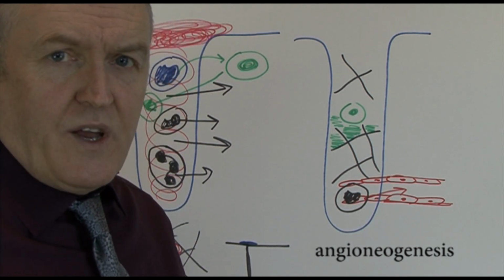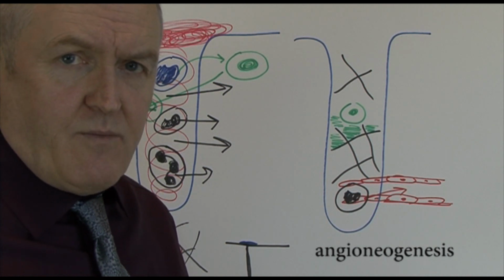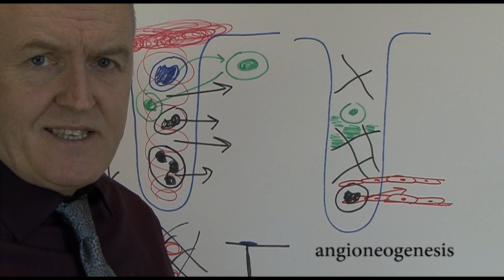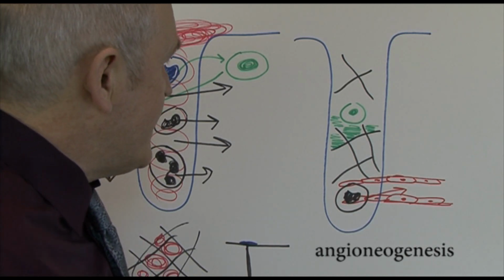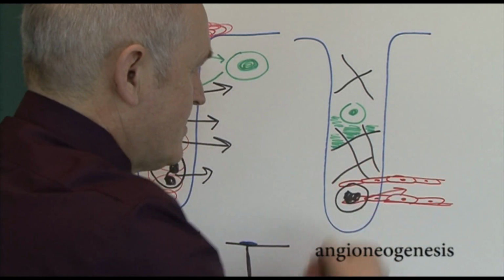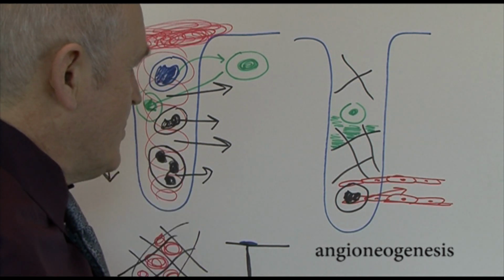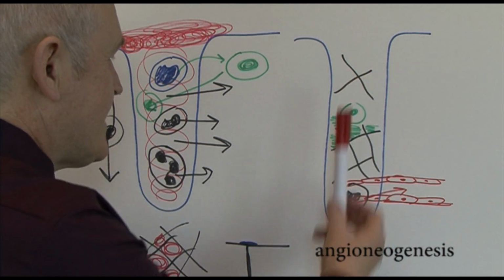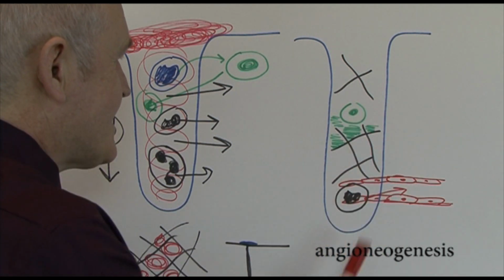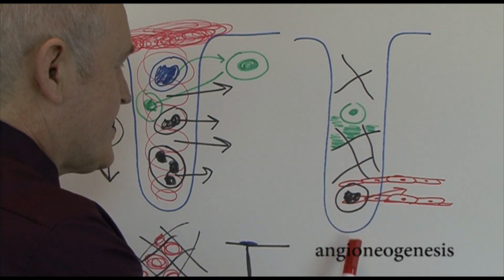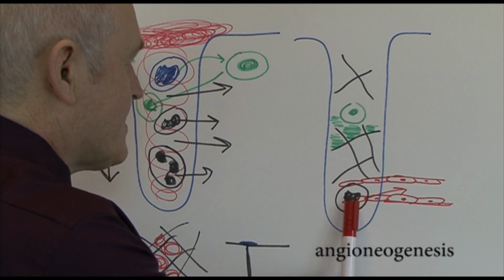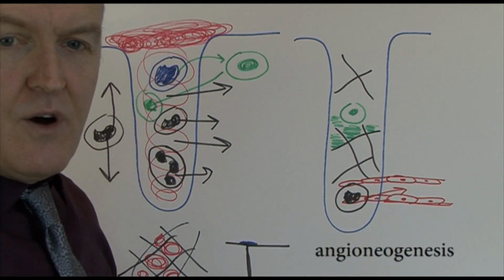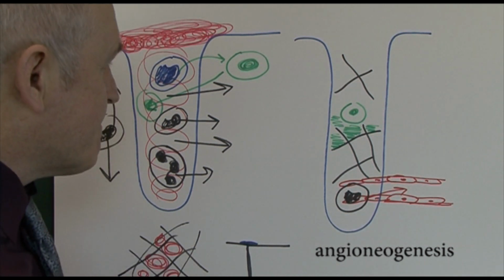Some books just call it angiogenesis. They leave the neo part out. So angioneogenesis or angiogenesis is the same thing. It means the growth of new blood vessels into the wound. So now we've got the collagen strands, the fibroblasts, the ground substance, the macrophages, and now we've got new capillaries growing into the wound as well.